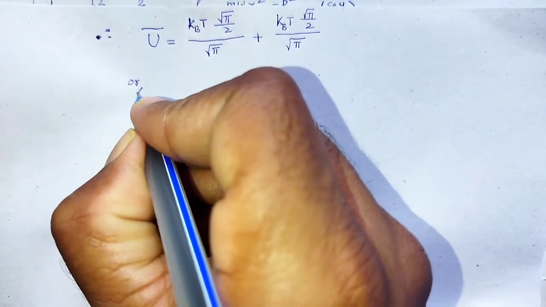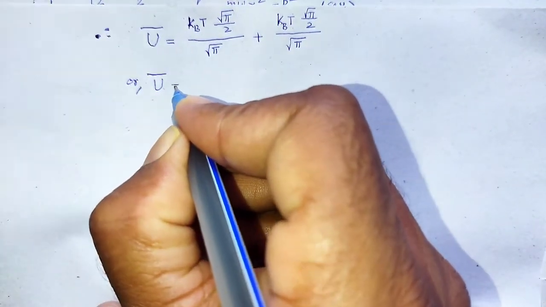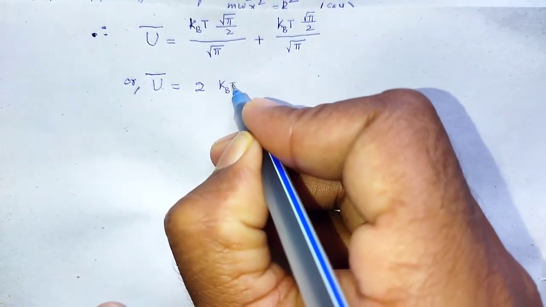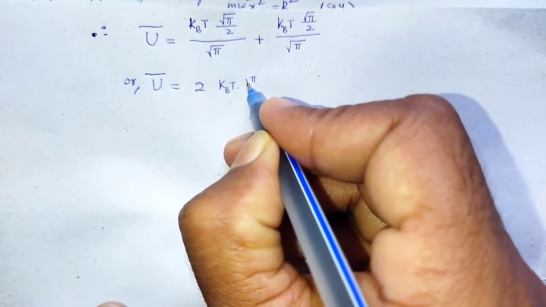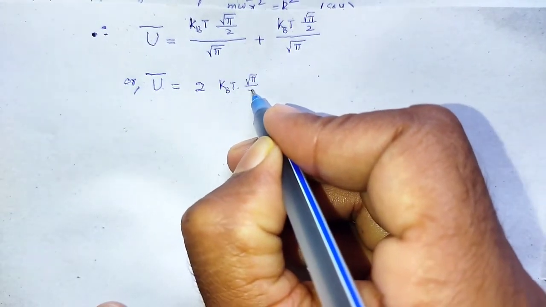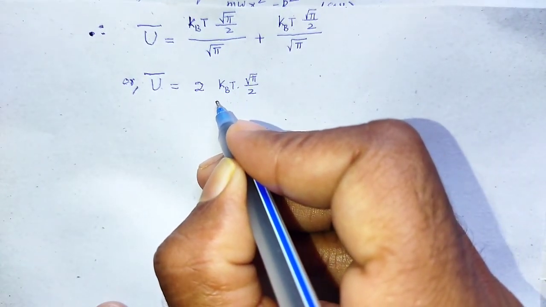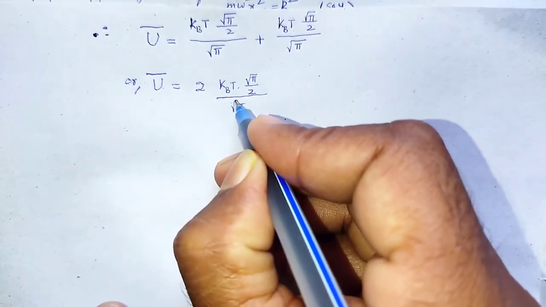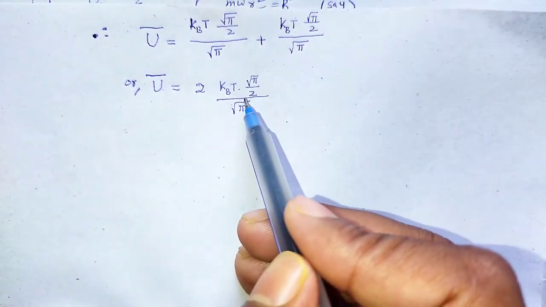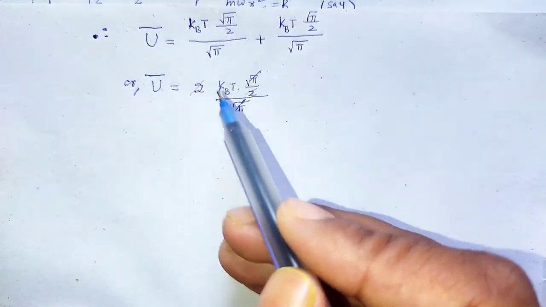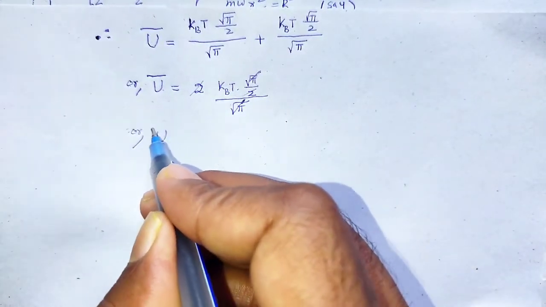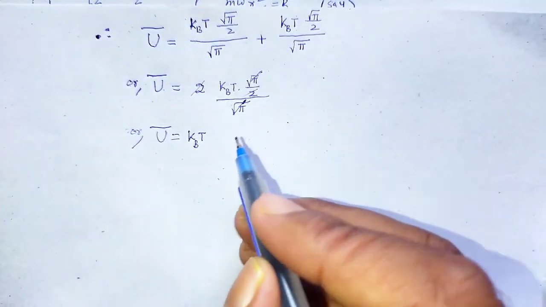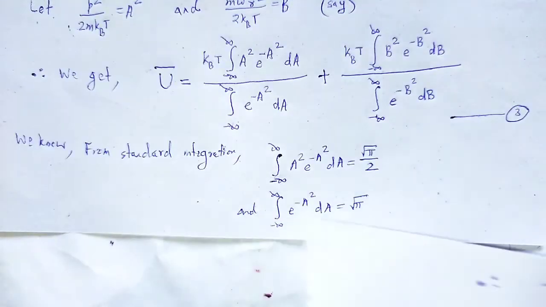Or u bar is equal to 2 times kBT root pi by 2, whole divided by root pi. So root pi cancels out, 2 cancels out. So u bar is equal to kBT. Let this be equation number 4.